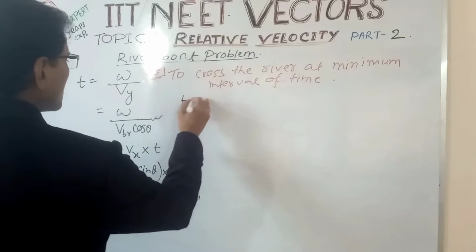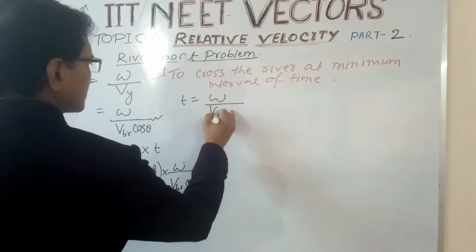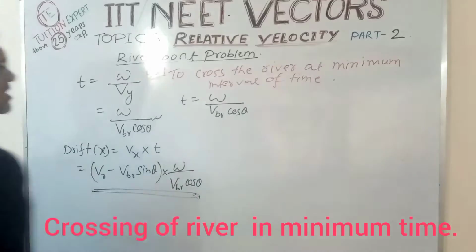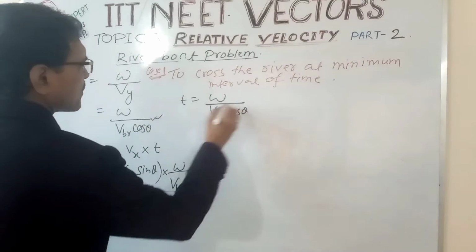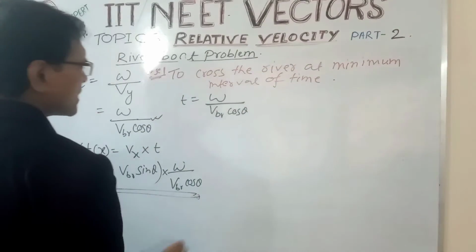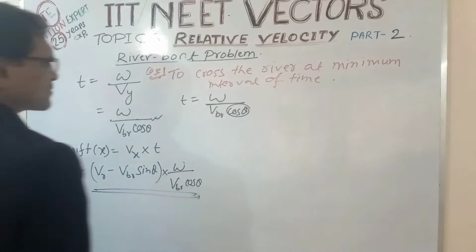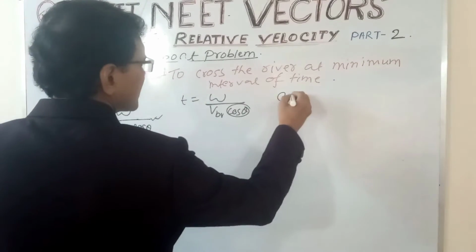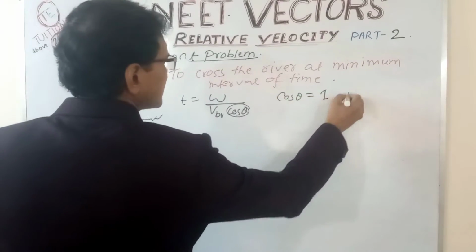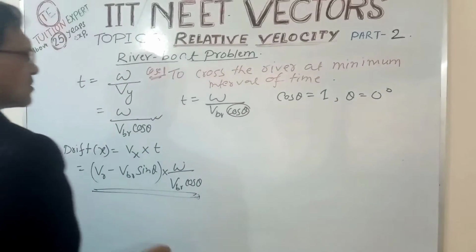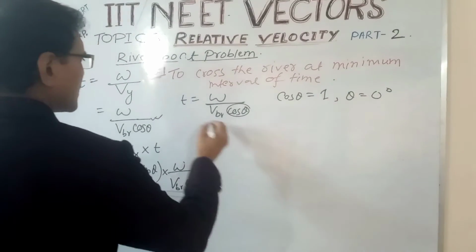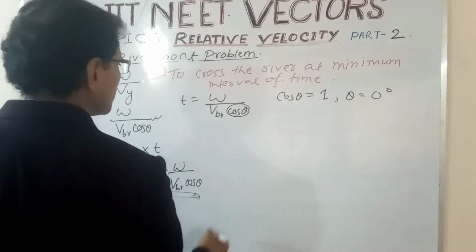T equal to W by VBR cos theta. If the time is minimum, then cos theta should be maximum. Cos theta equal to 1, that is theta equal to 0 degree. So cos theta equal to 1, T minimum.